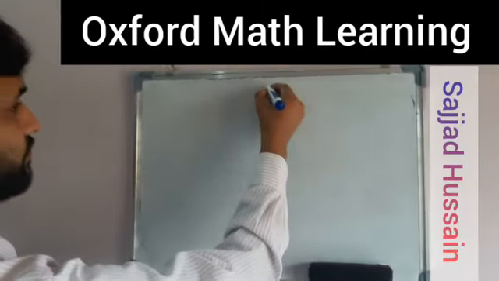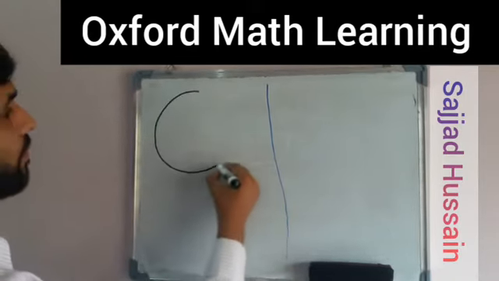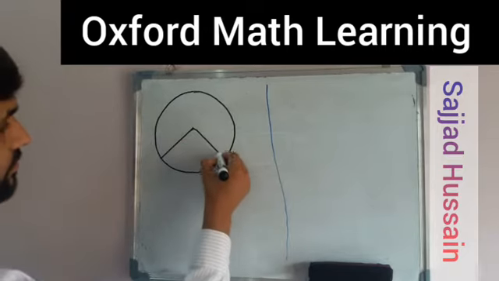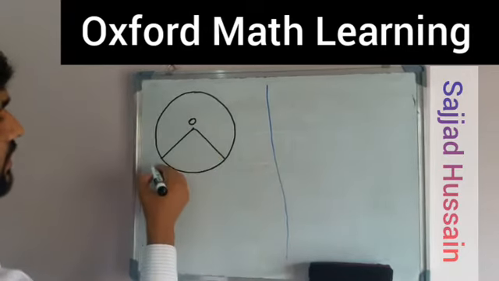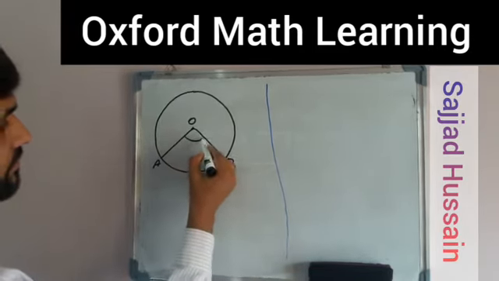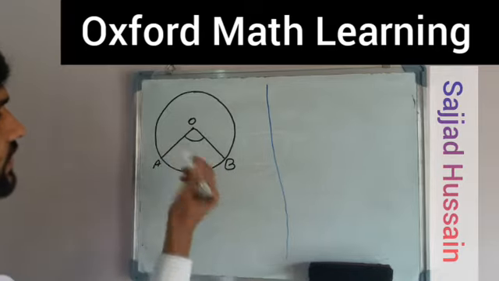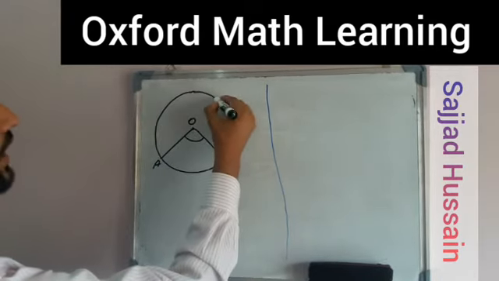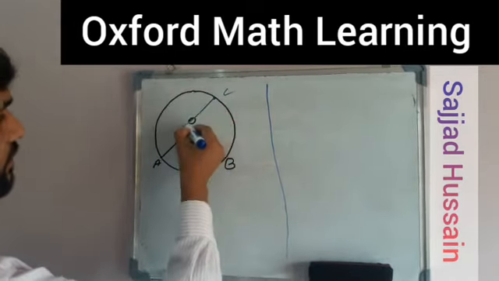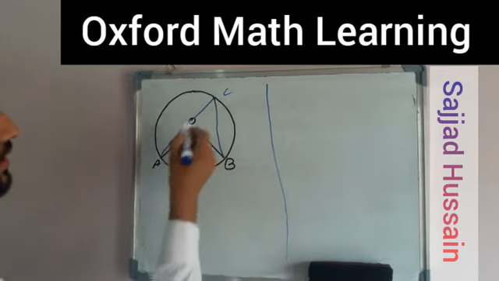A circle with center. This is the length of arc AB, with center O, and angle O. A point C here has the same length of arc as AB.